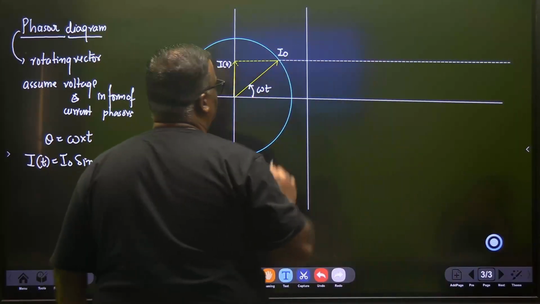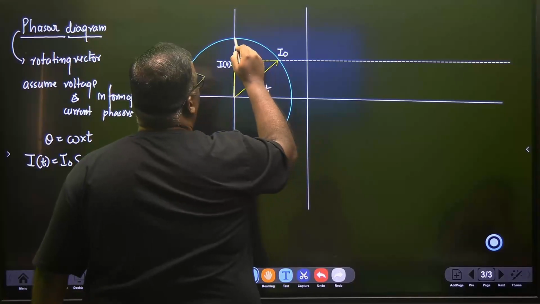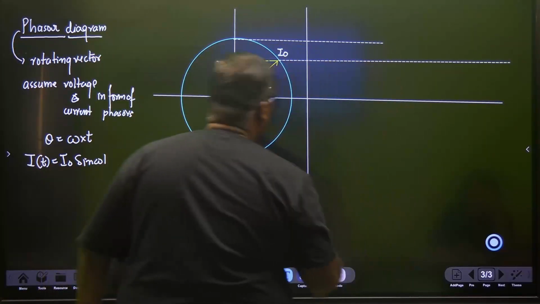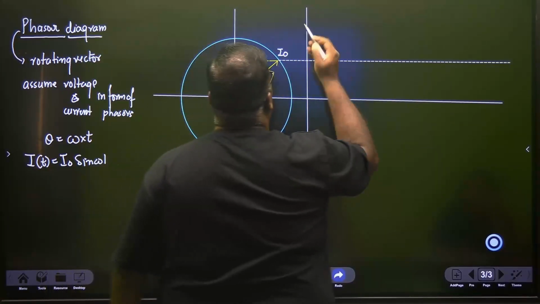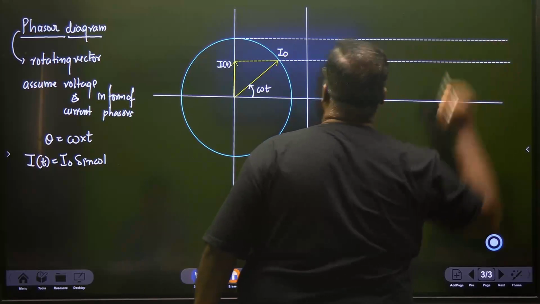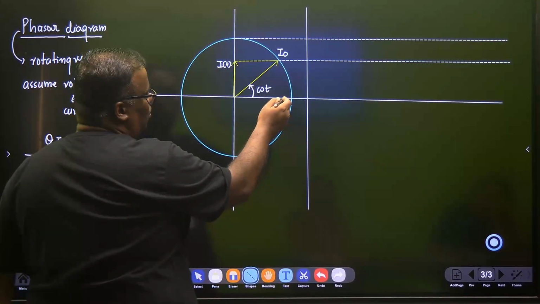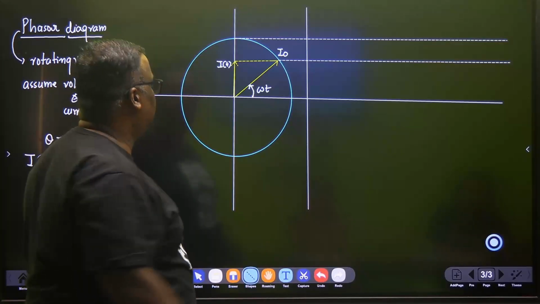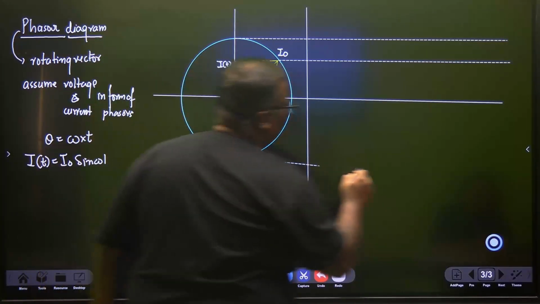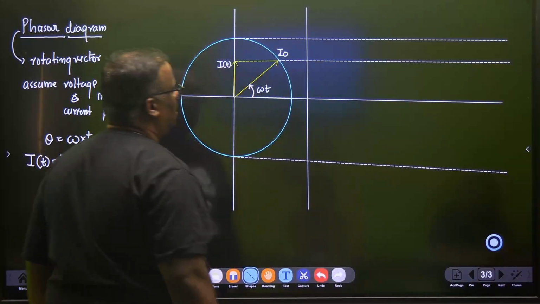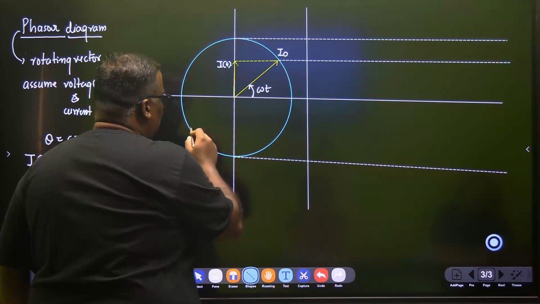All right. Now, similarly, when omega t is equal to pi by 2, there can be something like this. When omega t is equal to 0 or pi, the central line works very fine for me. Then 3 pi by 2. Agreed? And then in between also, if you wish, we can take something.